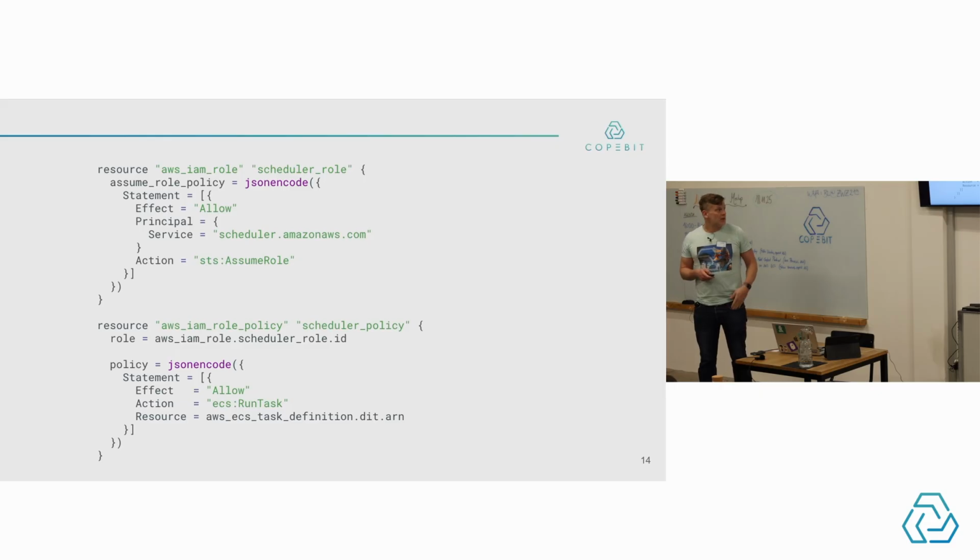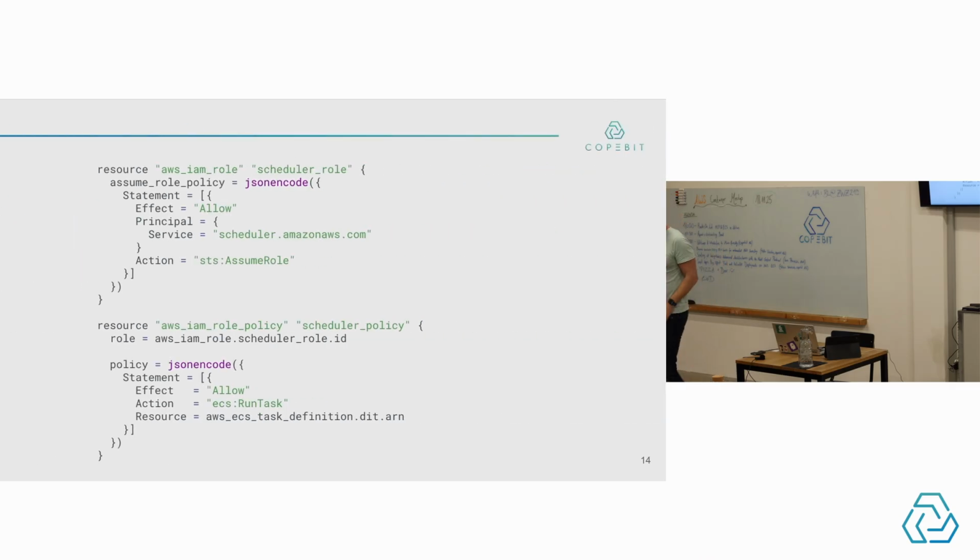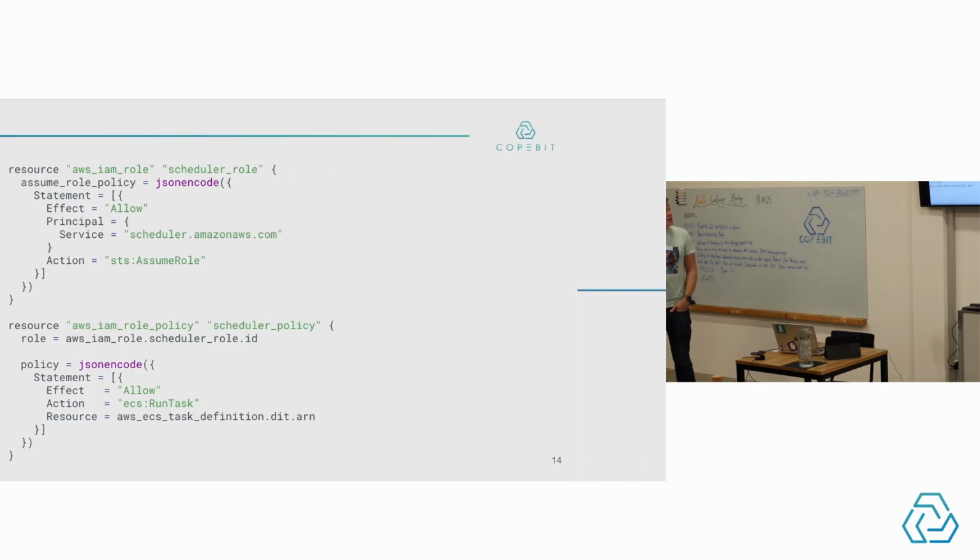So it's not enough to point it to the ARN of the task. You also have to have the rights to kick off the run task in the ECS cluster itself.